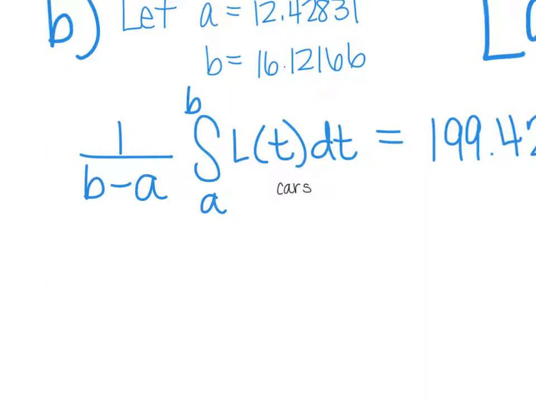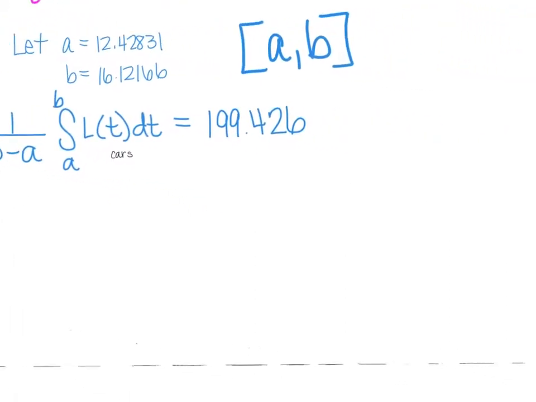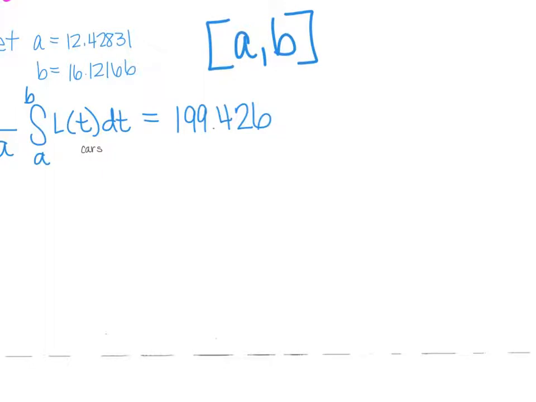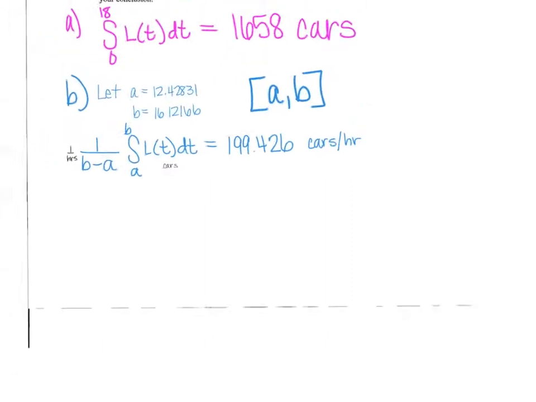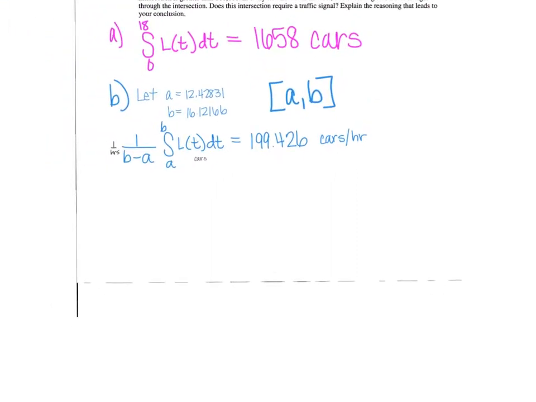These are hours. So this is 1 over hours. So this 199.426 is actually back to cars per hour. It's the average number of cars that turned left every hour from time A to time B.